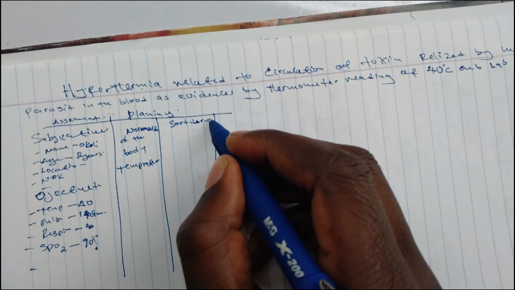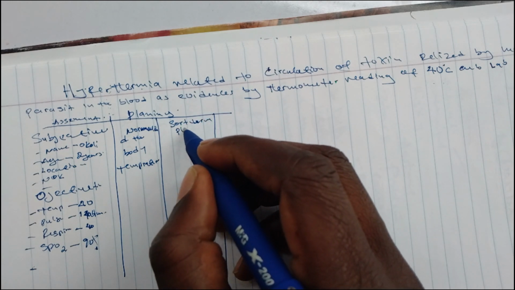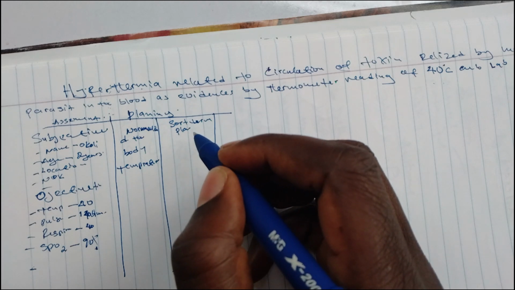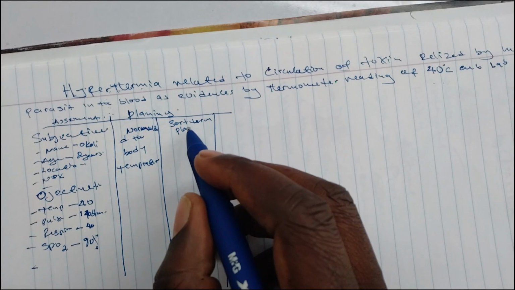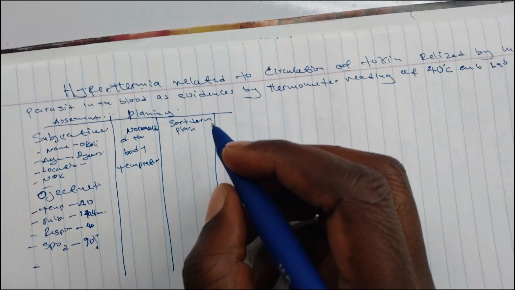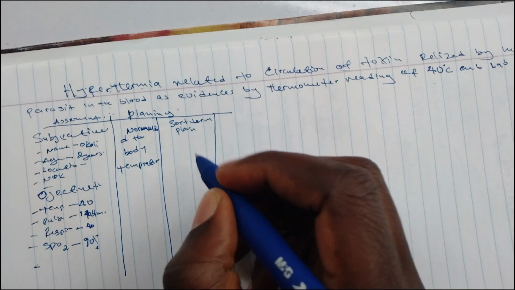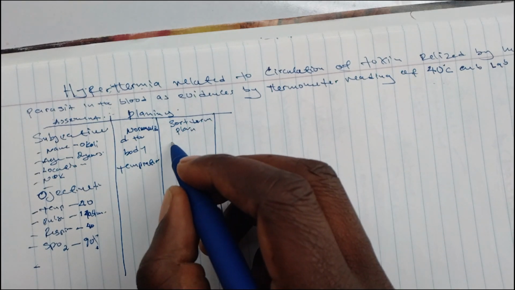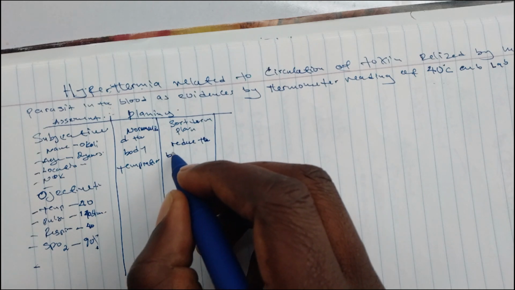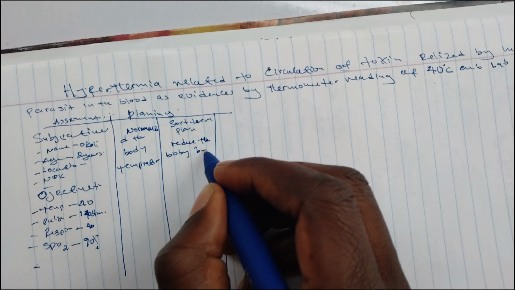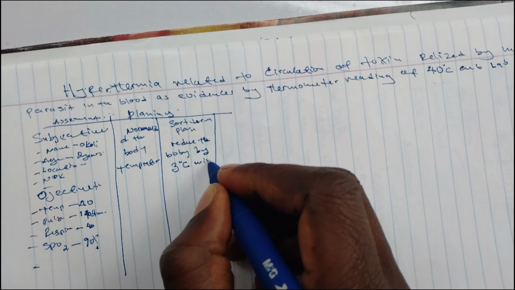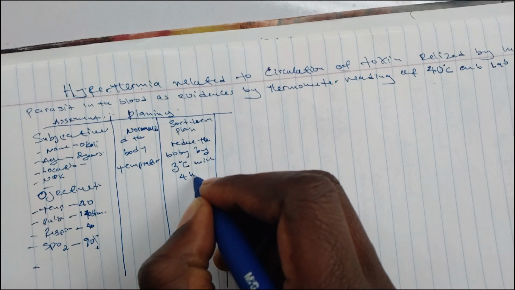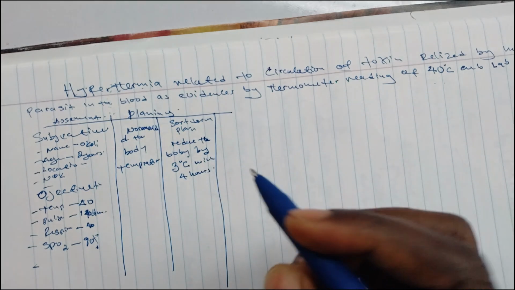Short term plan or goal: we can say in our short term we have to reduce the body temperature by 3 within 4 hours. This is our short term.